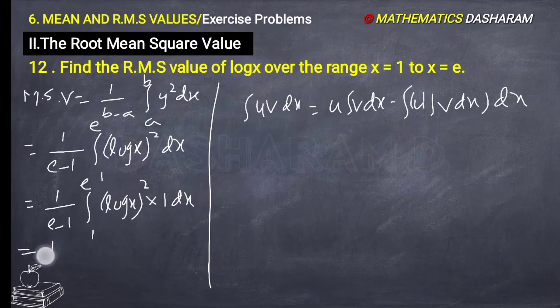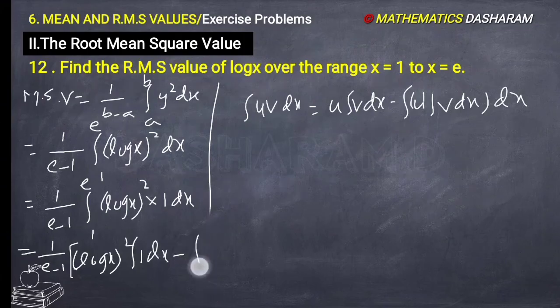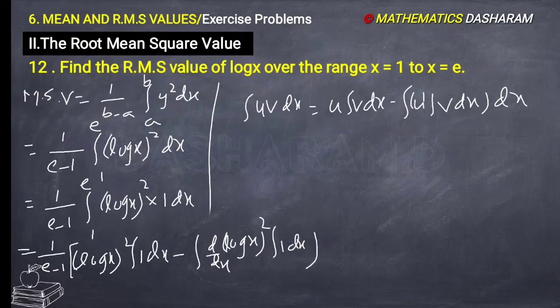So here 1 by e minus 1, u means (log x) whole square, v means 1, minus integration of d by dx of (log x) whole square times integration of v, that is 1 dx, whole dx.